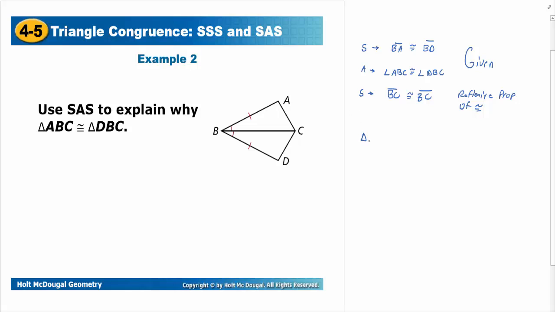You can now say triangle ABC is congruent to triangle DBC by side, angle, side. And it's a postulate if we want to put that in as well. This could be a proof or not, it just depends on how they're asking you to do it. It's just use side, angle, side to explain. But this could easily be stated to prove that these triangles are congruent, and these would basically be the steps: given, reflexive property, and your final statement.